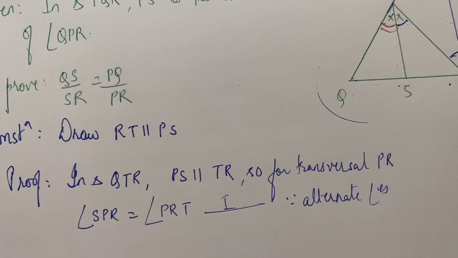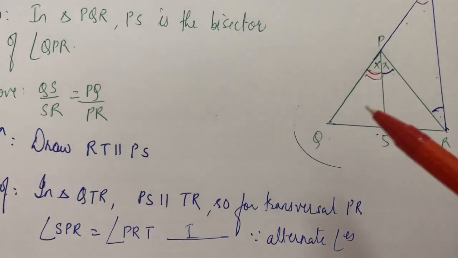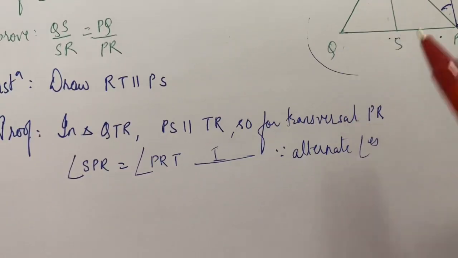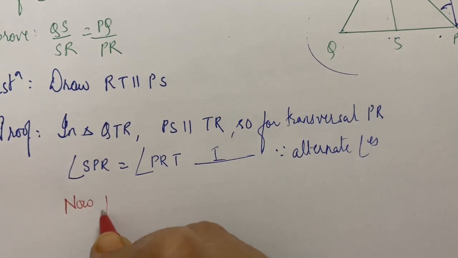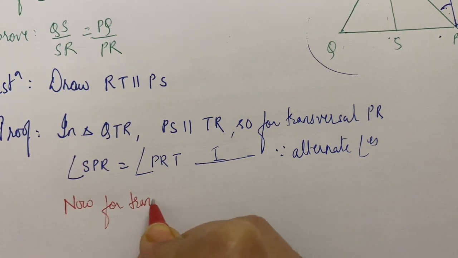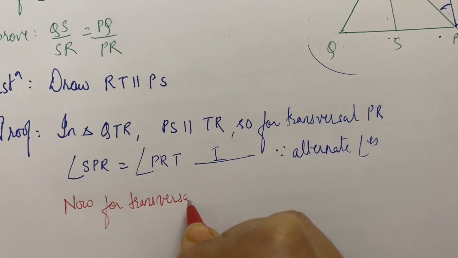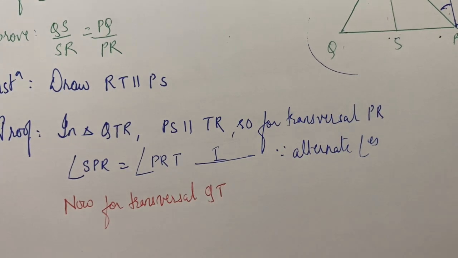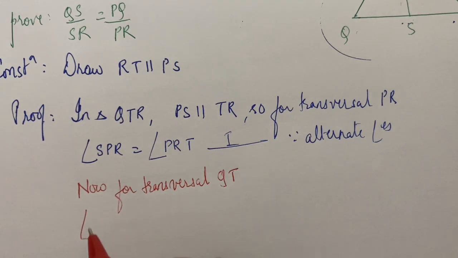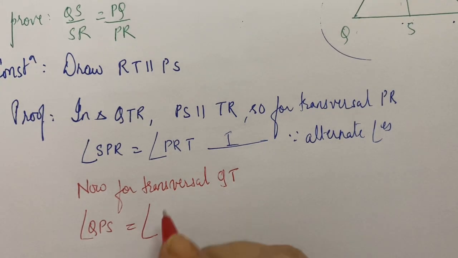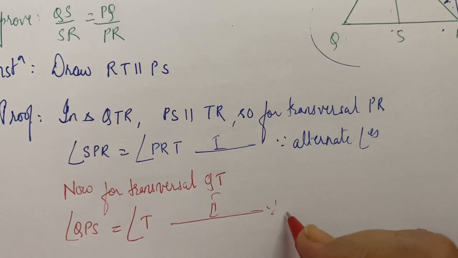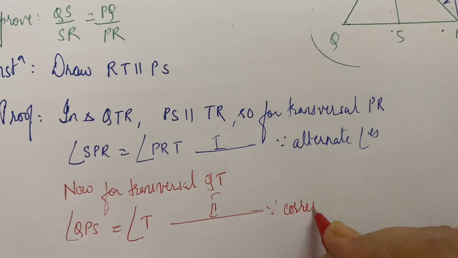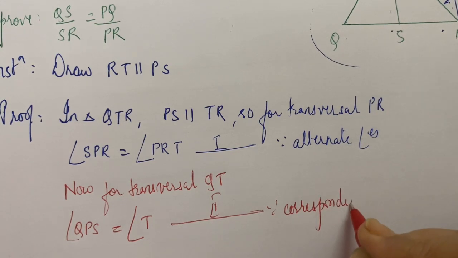Now we change the transversal. Now for transversal QT, the lines are the same, parallel lines are the same. So angle QPS will be equal to angle T. These are corresponding angles.